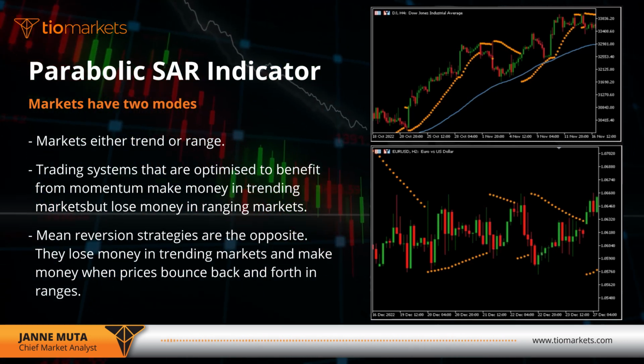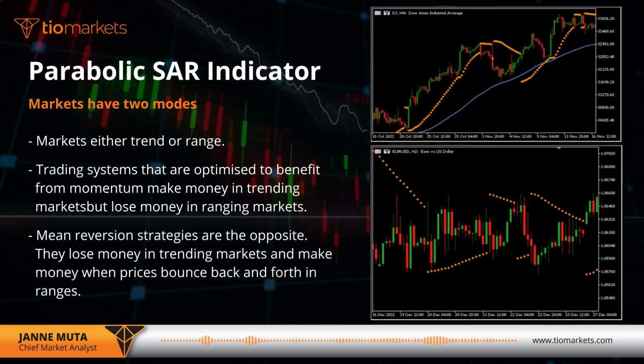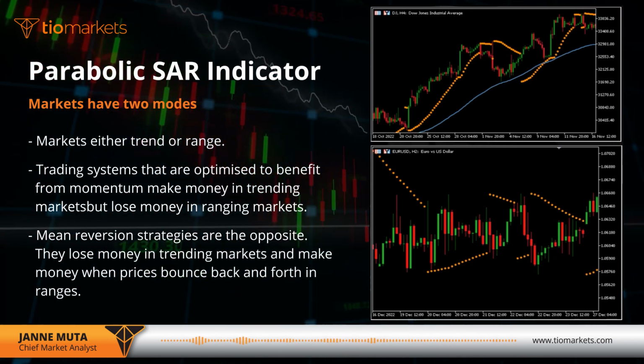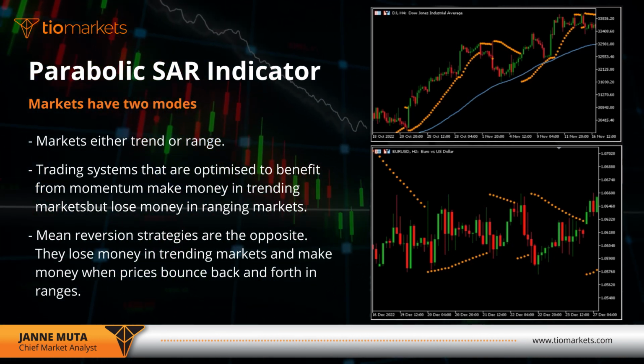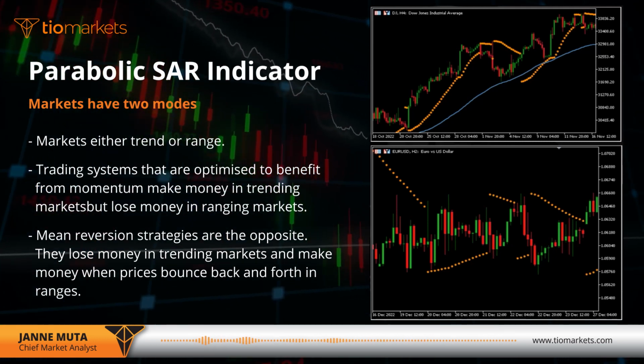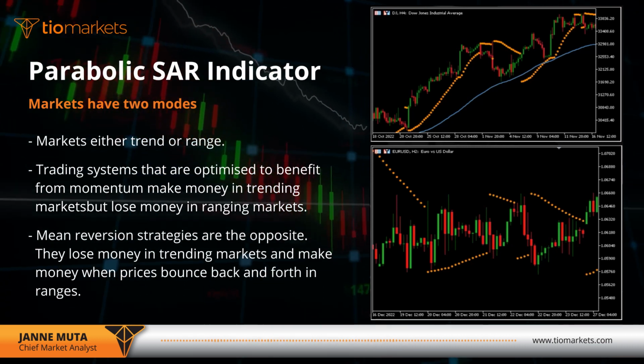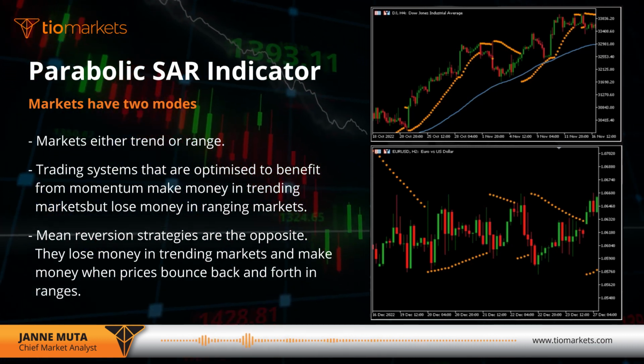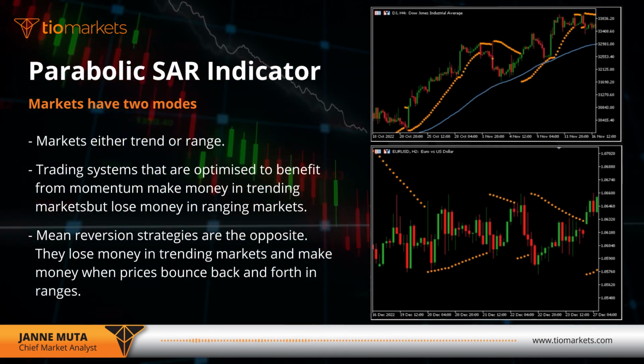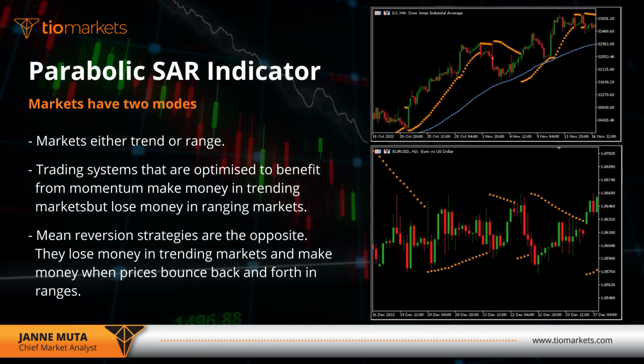And that's why you shouldn't use Parabolic SAR with its classical rules in a ranging market. You might remember I said earlier that Wells Wilder said that this indicator should be used only in trending markets. And this is the reason why he said so.